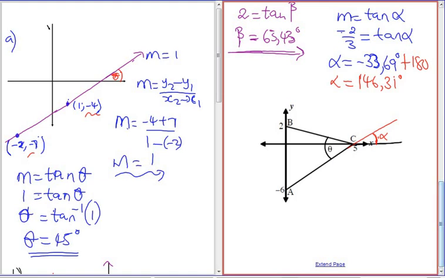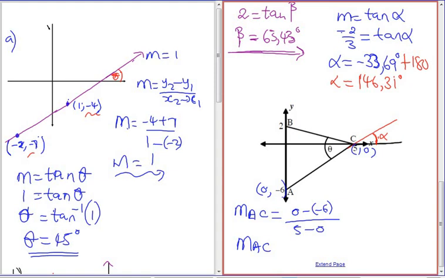So to get alpha, we need the gradient of AC. That is not a problem. Gradient of AC, okay, C is 5 and 0. So the coordinates there are 5 and 0, and this is 0 and negative 6. So make sure you substitute properly. 0 minus 6 divided by 5 minus 0. So at this point, I think you can easily notice the gradient of AC.